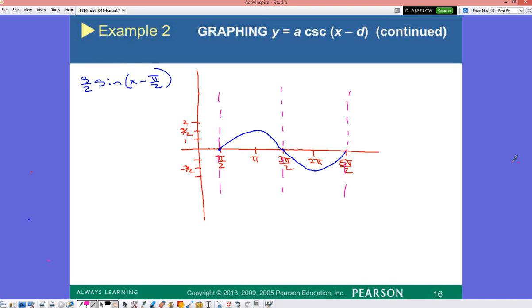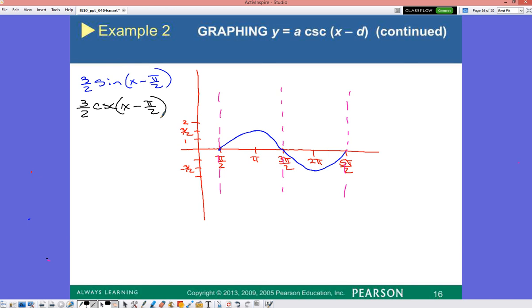All right, now we have our asymptotes, so it's time to actually graph our function, which is 3 over 2 csc of x minus pi over 2.